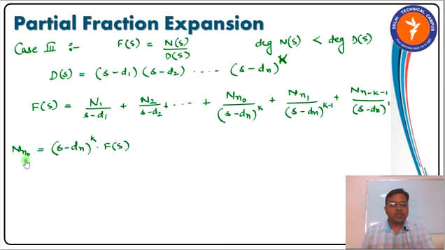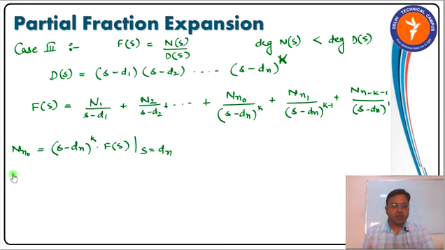So now the residue nn naught can be calculated by multiplying the highest order factor with f of s and then substituting s equal to dn. So at s equal to dn, this factor will yield the residue nn naught. Now, how to calculate the residue for lower order factors?